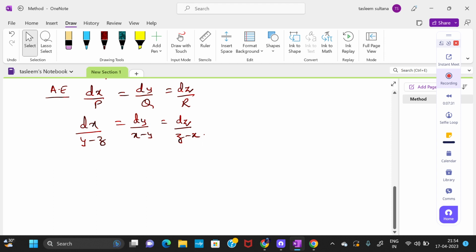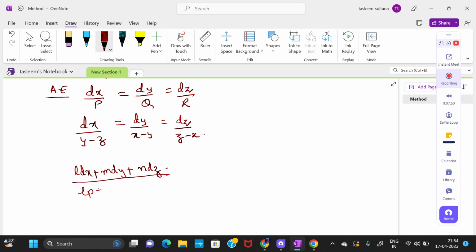What is the multipliers formula? It is l dx plus m dy plus n dz divided by lP plus mQ plus nR, equals 0. First, you substitute your P, Q, R values, so that it will be easy to substitute the values of l, m and n.